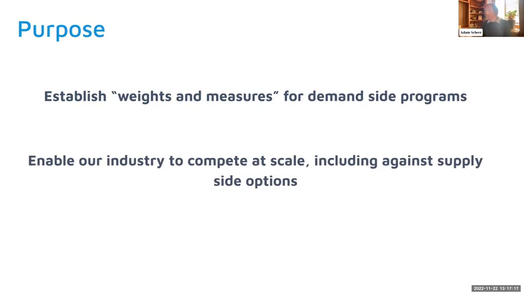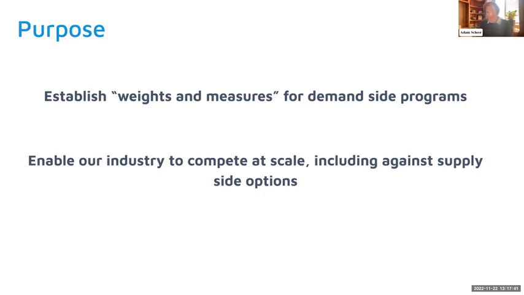So we want to establish weights and measures for demand side programs. We want to enable our industry, the demand side industry generally, to compete at scale, including against supply side options. I think most people on this call are probably aware that energy efficiency is the number one resource in the loading order in California, yet it really doesn't behave that way. We don't treat it that way fundamentally.